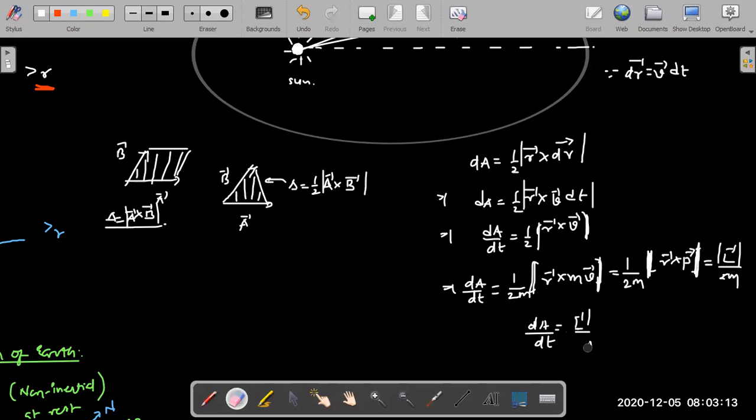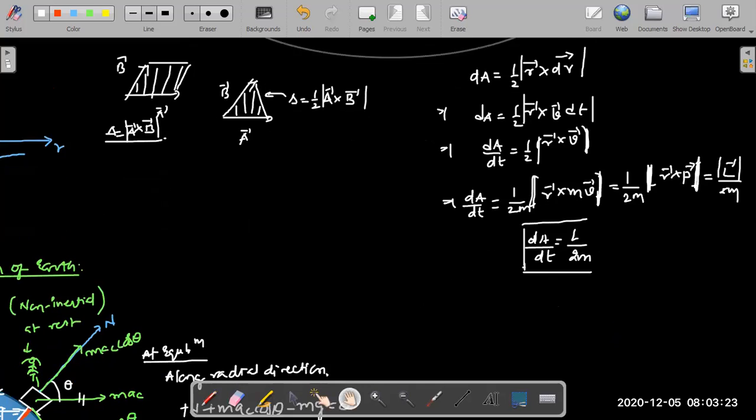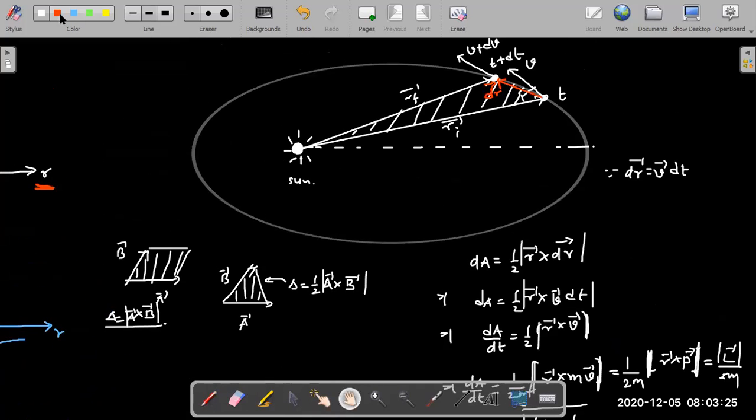Now look here, is there any torque acting on the particle? If at all there is any force, that will be nothing but the centripetal force. Is that right? Now this is the centripetal force always. Centripetal force and radius, they are perpendicular.